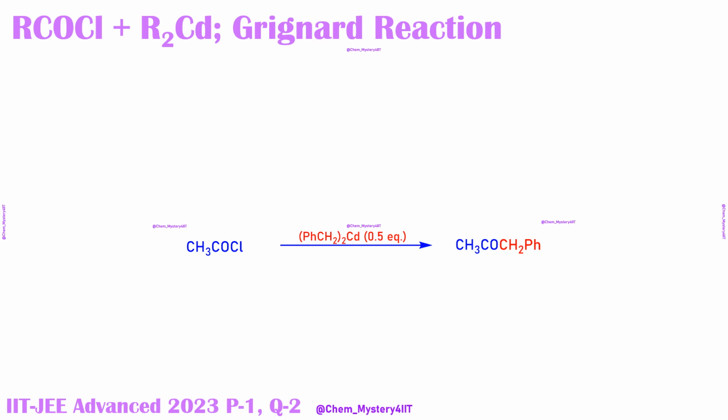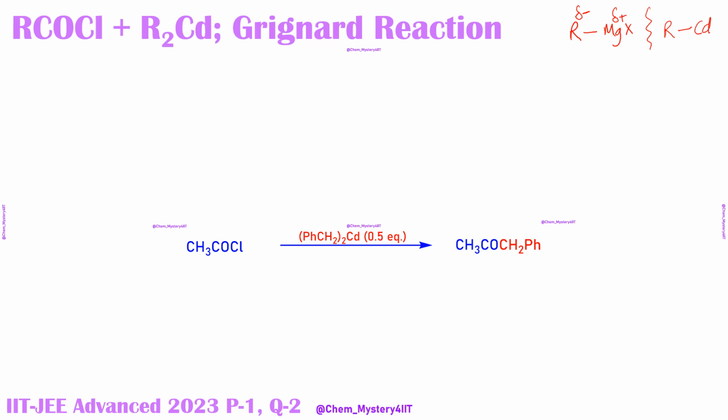This dialkyl cadmium is basically a distant cousin of the Grignard reagent, and we understand that the Grignard reagent is very reactive because R is bonded to magnesium. So here the magnitude of delta negative charge on carbon is very high in comparison to the delta negative charge in dialkyl cadmium.